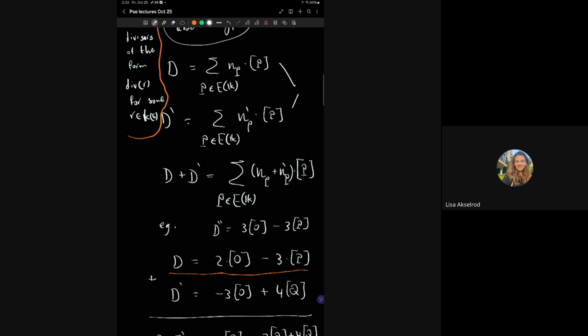And this could potentially be a principal divisor, but there is a second condition that we will talk about soon that really is necessary for a divisor to be principal, namely that if you remove the brackets and do the sum in the elliptic curve, that is, 3 times O minus 3P, you get O. Okay?